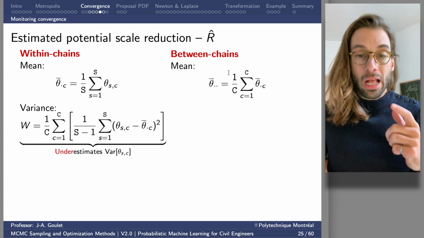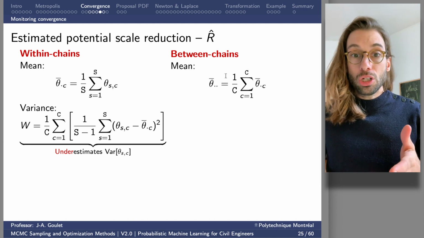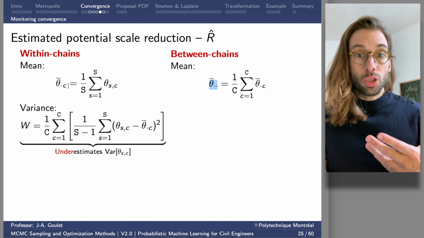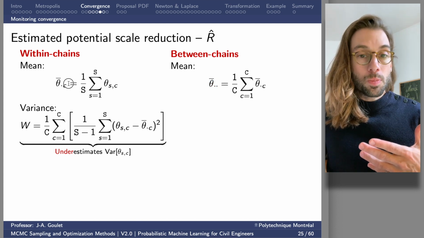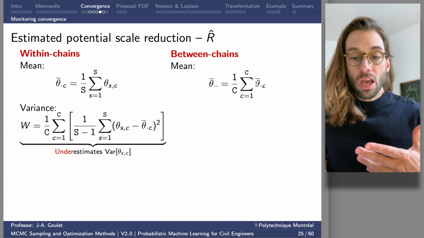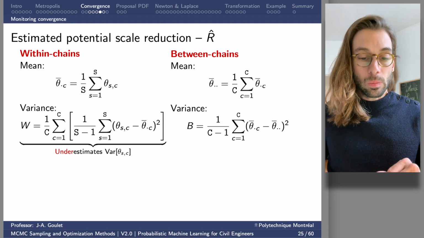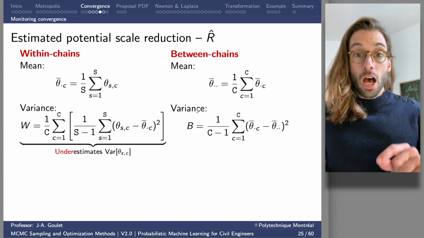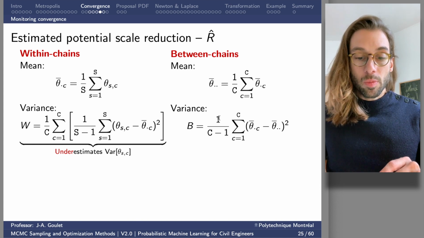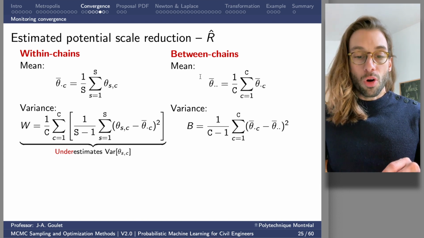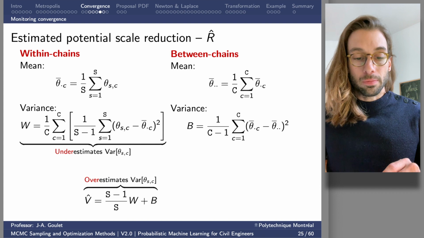The first step is to calculate the global mean of all my chains, so I'm going to average the mean position of each chain: 1 over C times the sum of the mean positions for each of my C chains. Then the variance of this estimator is going to be 1 over C minus 1 times the sum of the squared differences between the mean position of each chain and the global position for all my chains that I've defined here.